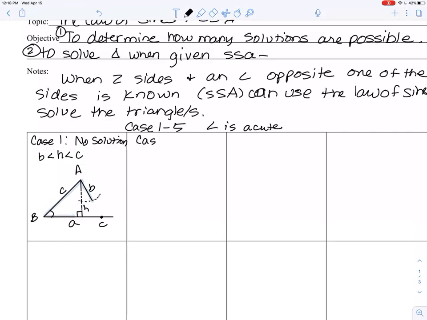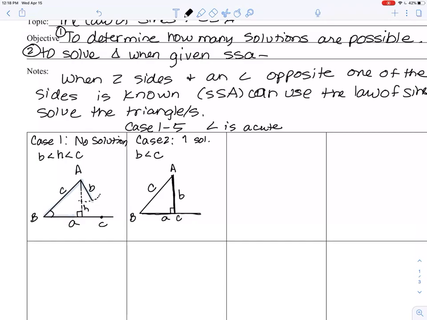Okay, here's case 2. In case 2, we're going to get one solution. In this case, B is going to be less than C again. We'll draw that same picture. So here's side A. Here's angle B, and this is side C. And what's going to happen here is this is angle A up here, and here's angle C. So you see that side B is exactly the same length as the height, and it's perpendicular to side A here.